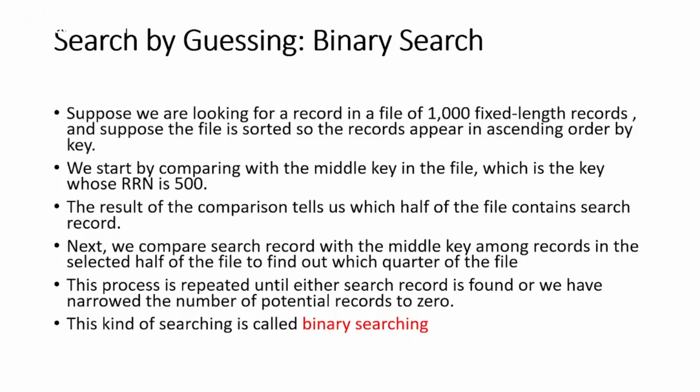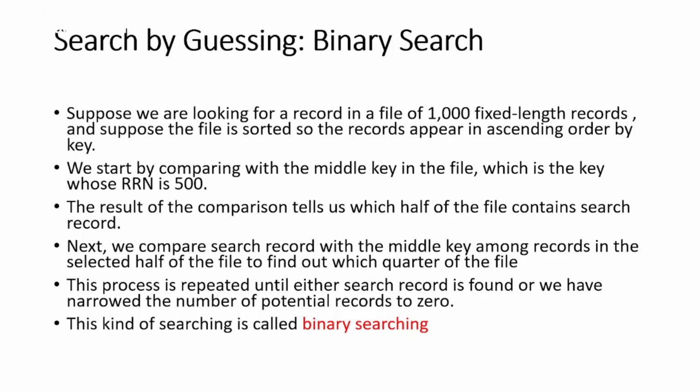Then only we can start the binary search operation. So we start by comparing with the middle key in the file, which is the key whose RRN is 500, because we start from RRN 0 to 999.